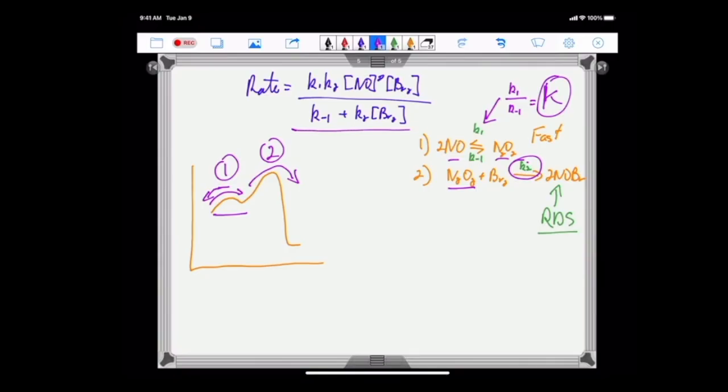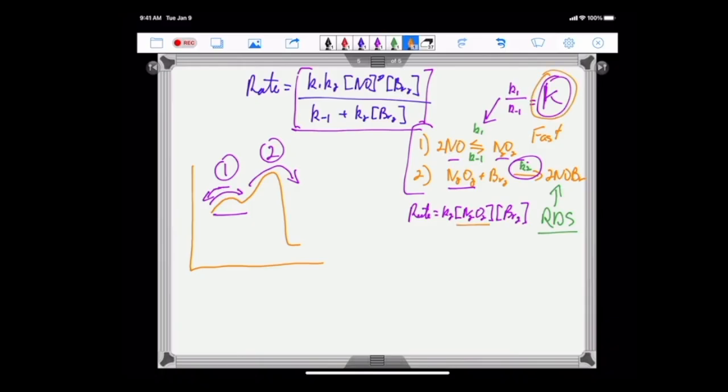Now we're going to do the same thing, but instead start using the steady state approximation. To finish off what we said before, if this was a fast pre-equilibrium assumption, we start with the second step. The rate here is equal to K2 times the concentration of our intermediate N2O2 times the concentration of Br2. That's an intermediate.